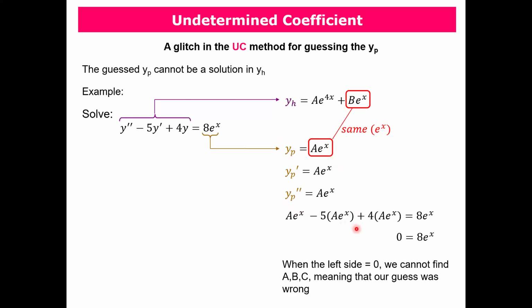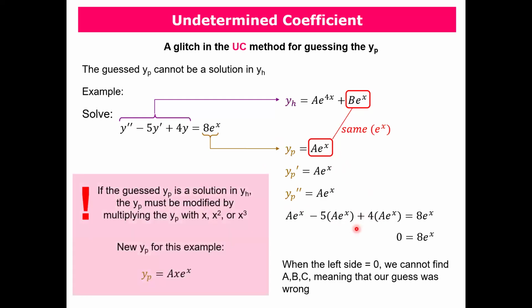So how to twist the assumption? If the guessed YP is a solution in one of the terms of YH, then YP must be modified by multiplying with x, or if it's still the same as YH, multiply with x squared.